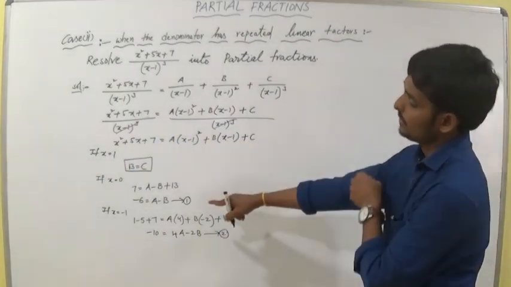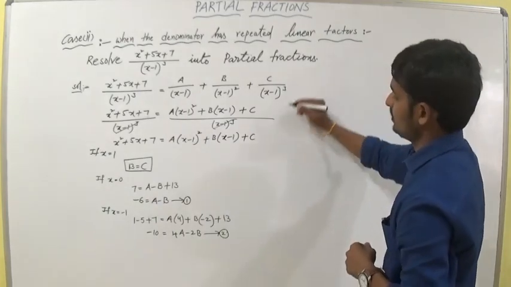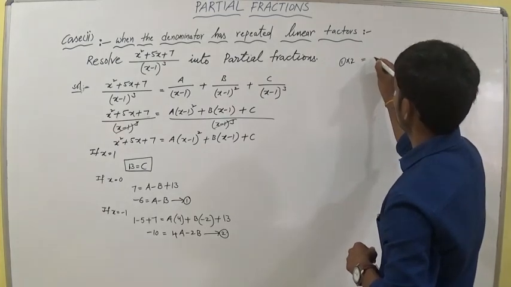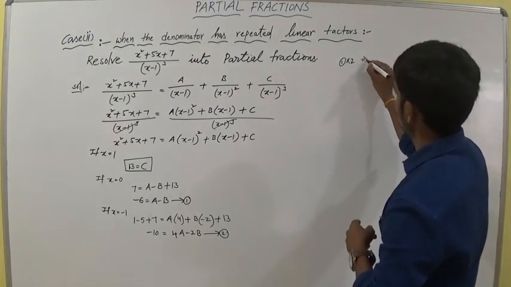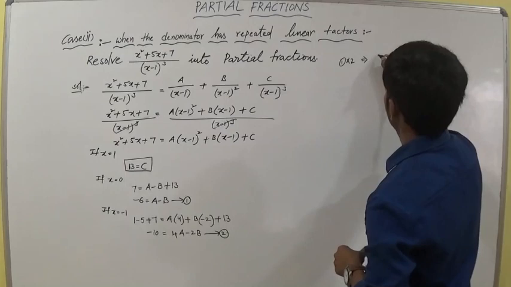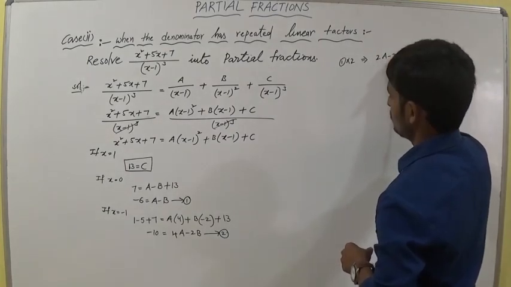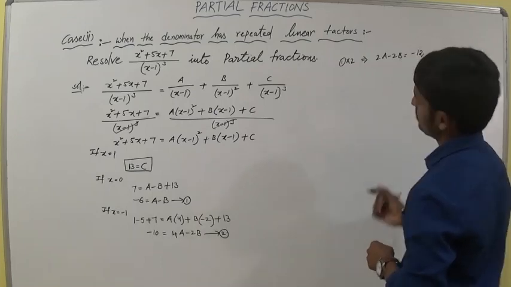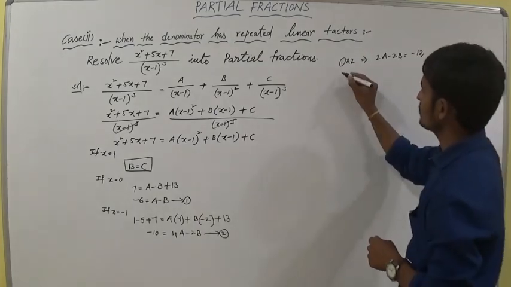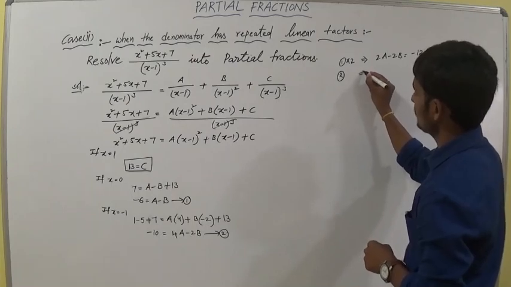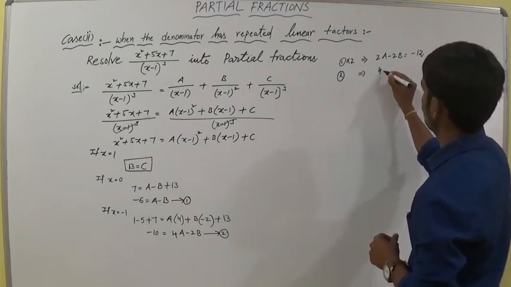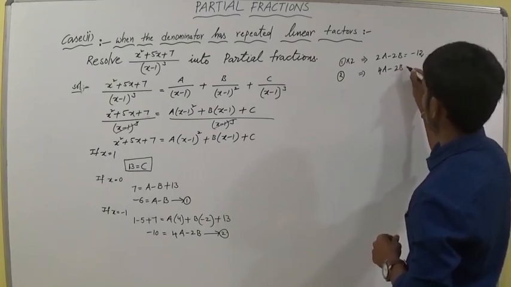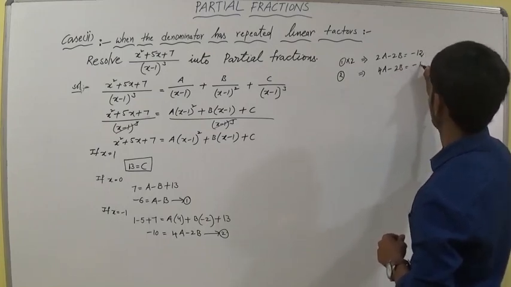So that's why I am writing first equation into 2. What can you get? First equation with 2: 2a minus 2b is equal to minus 12. Second equation as it is, that means 4a minus 2b is equal to minus 10.